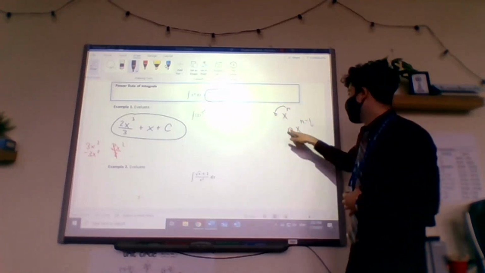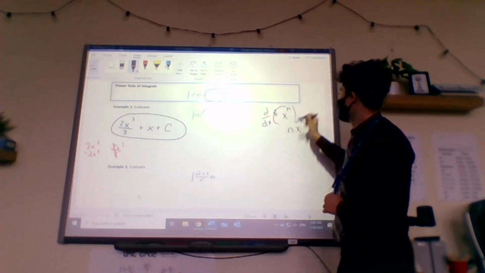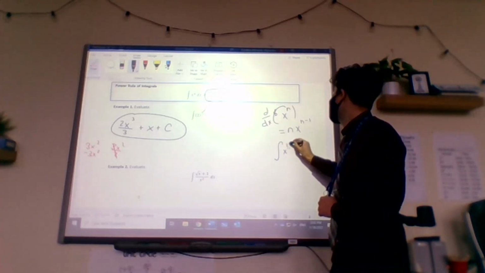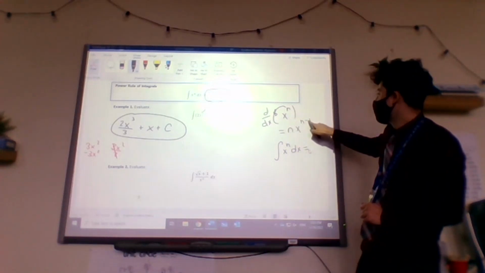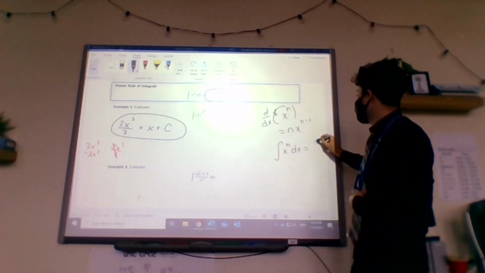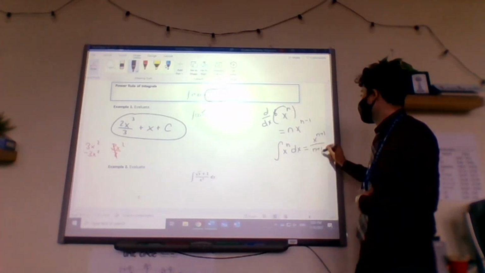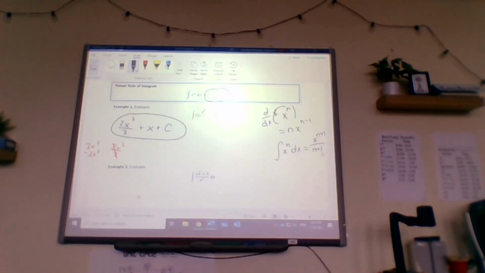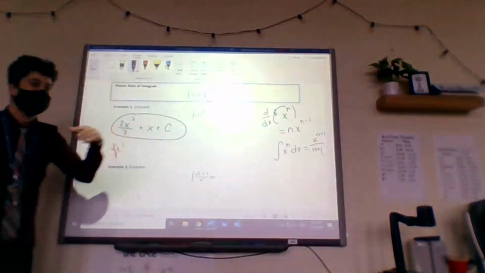So to undo it, you would have to first bring this up by 1, and then divide by the new exponent.